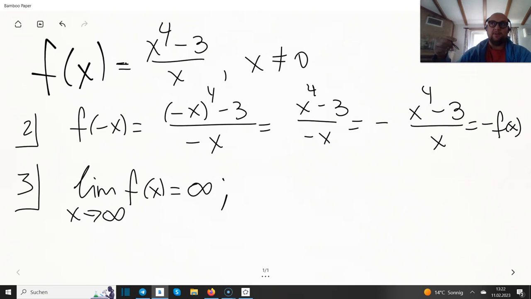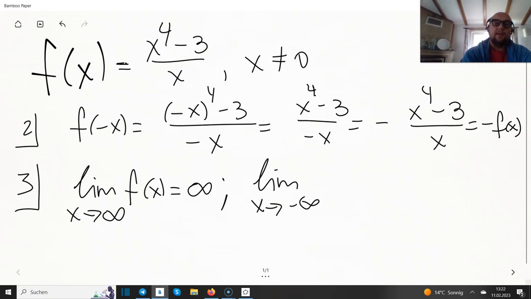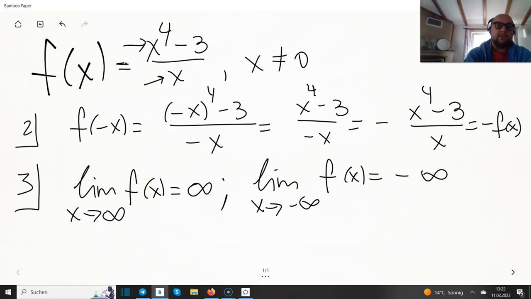So, and we're symmetric, so we're going to the left. Let's see. We are going to minus infinity, right? Because of the minus sign. So it's huge positive. This is negative, but the numerator is winning. So we're going to get minus infinity. Easy breezy.